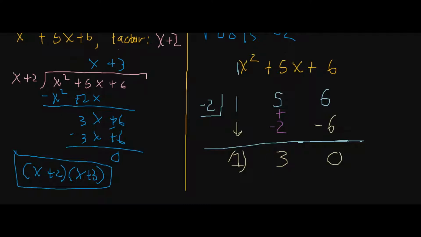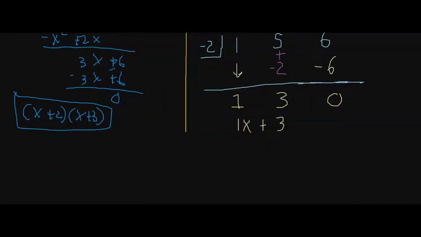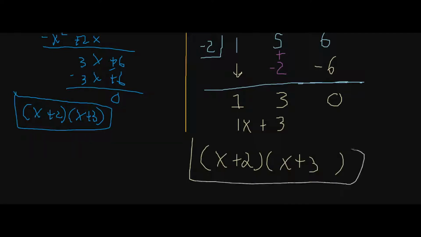So if this is x squared, that means the number 1 is going to be 1x plus, and then we just go down to 3. That's it. Since our root was negative 2, that means our factor is x plus 2 times x plus 3. And that's how we can use synthetic division to solve problems very nicely.